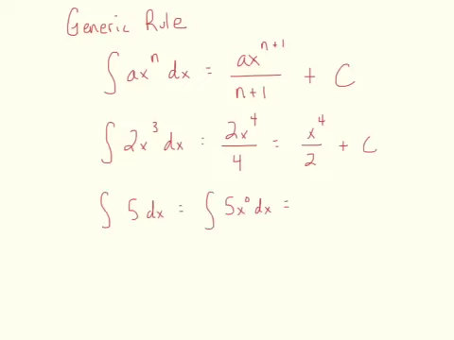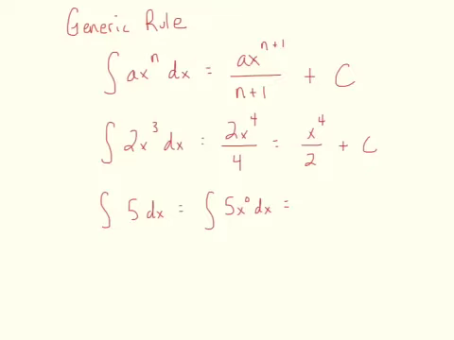So let's say we want to take the integral of 5 with respect to x. Now if we wanted to, we could write it the second way, of 5x to the 0 power with respect to x, and of course x to the 0 power just equals 1, so that's just a funny way of writing 5. But I wrote it that way so we can follow our rule.